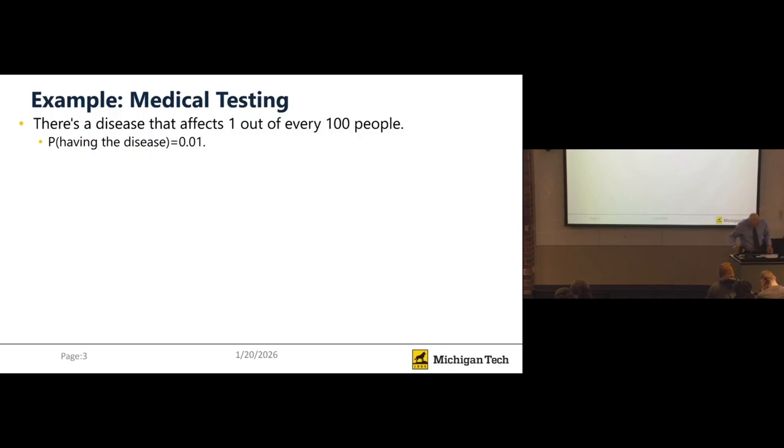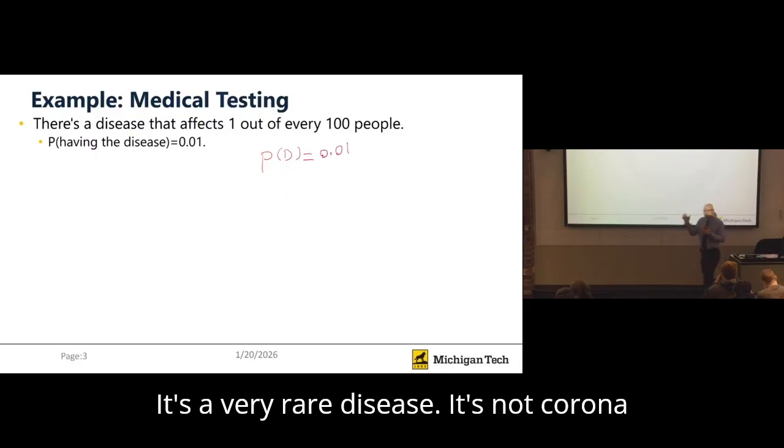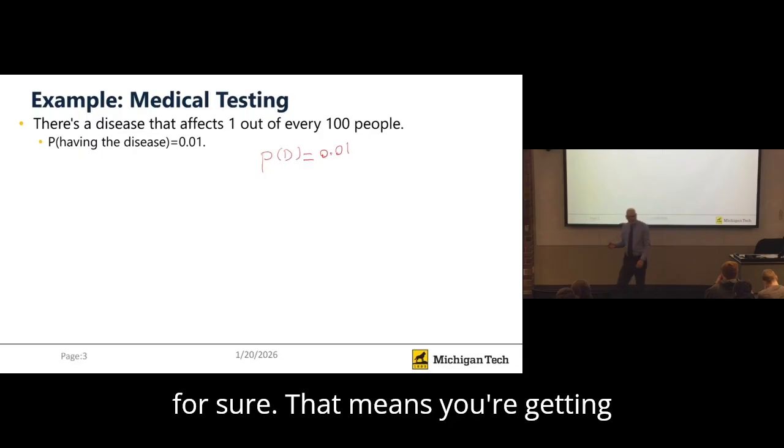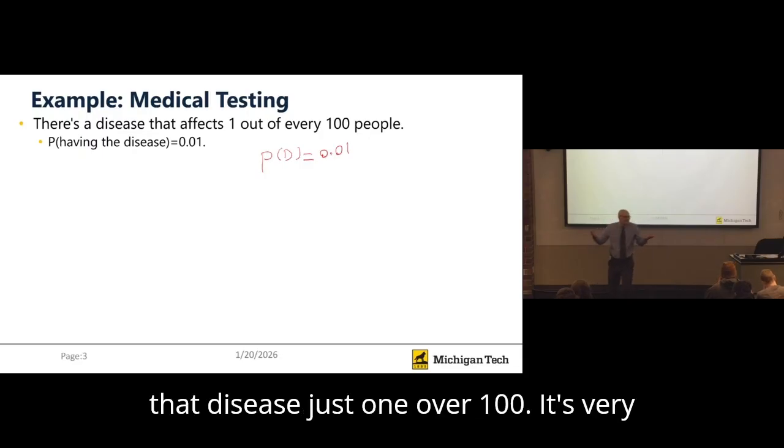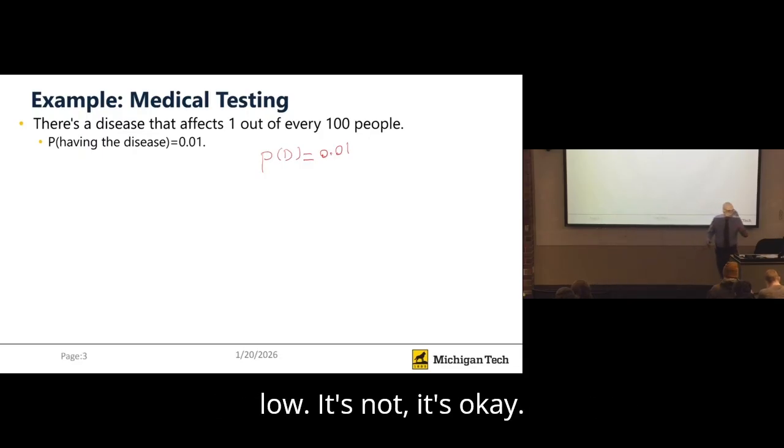It means the probability of disease is 1 over 100. It's a very rare disease. It's not corona for sure. That means you're getting that disease just 1 over 100. It's very low.